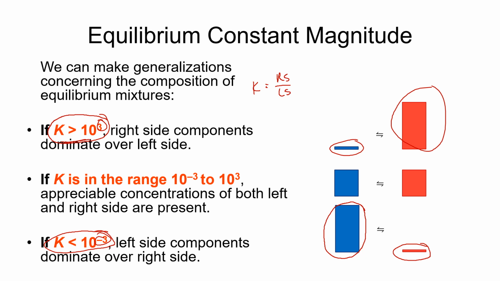We use that later on to predict the direction a reaction will go. The in-between section is the part where we're going to need a little more help to compare your starting conditions to where you're going to end up at equilibrium. But right off the bat, you should be able to tell something just by looking at the order of magnitude of the equilibrium constant value.